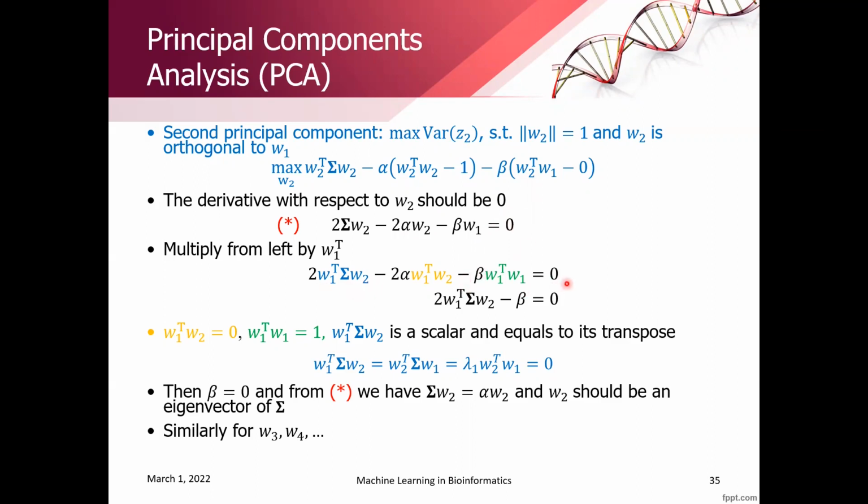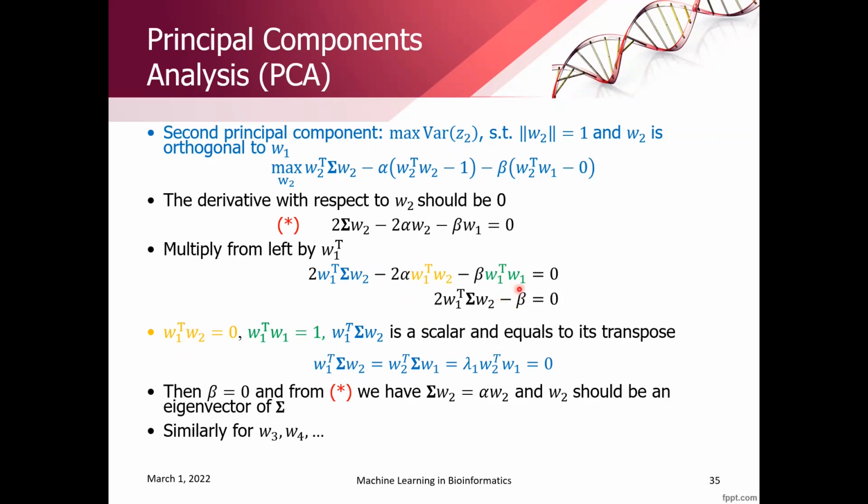So if we set this to 0, then we can use the properties. We know that when this is maximal, the values for these 2 parentheses should be 0. So W sub 1 transpose times W sub 2, they should be orthogonal. What will be the value for this? 0.